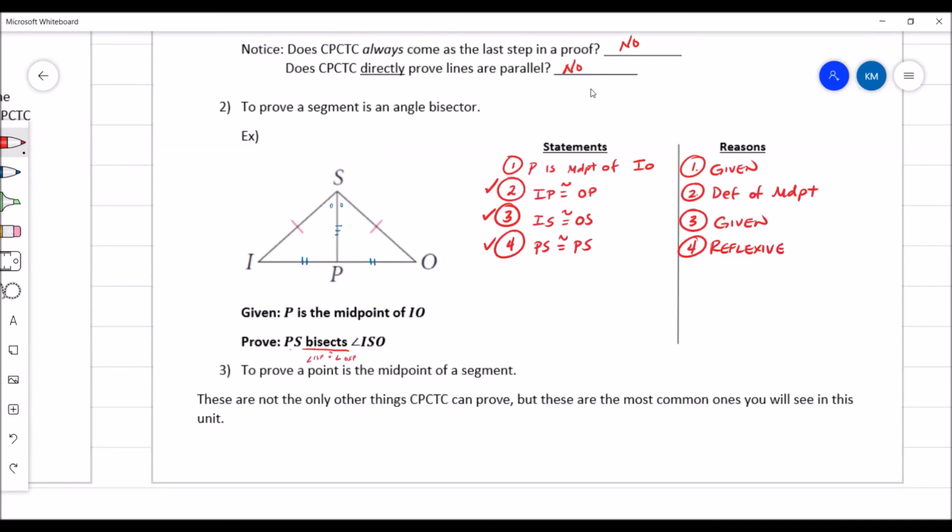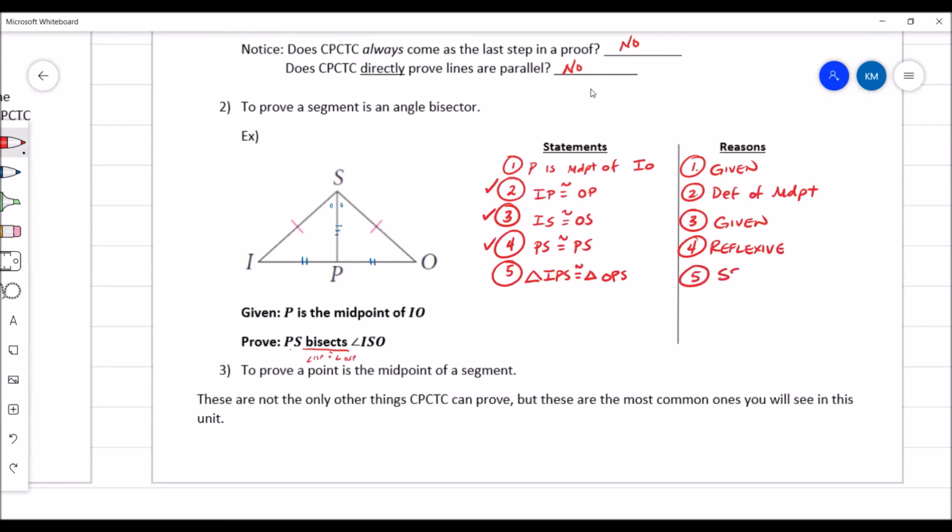Okay, and so 5. Now that we've used 3 things that are congruent to each other, we can say, hey, these 2 triangles must be congruent to each other. Let's find a congruent statement that works. So I'll say triangle IPS is congruent to triangle OPS. Okay.